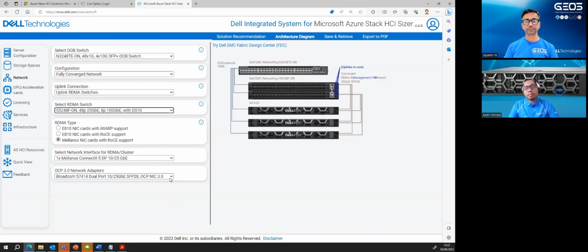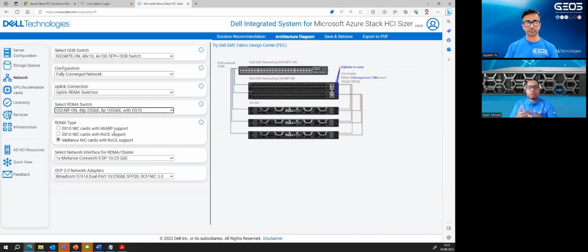The RDMA implementation here can be in the form of iWARP or RoCE. The basic difference between the two is that with iWARP, you don't have any complex configuration on your switches. But with RoCE, you need to have DCB and QoS, PFC, ETS, and other standards configured on your switches.